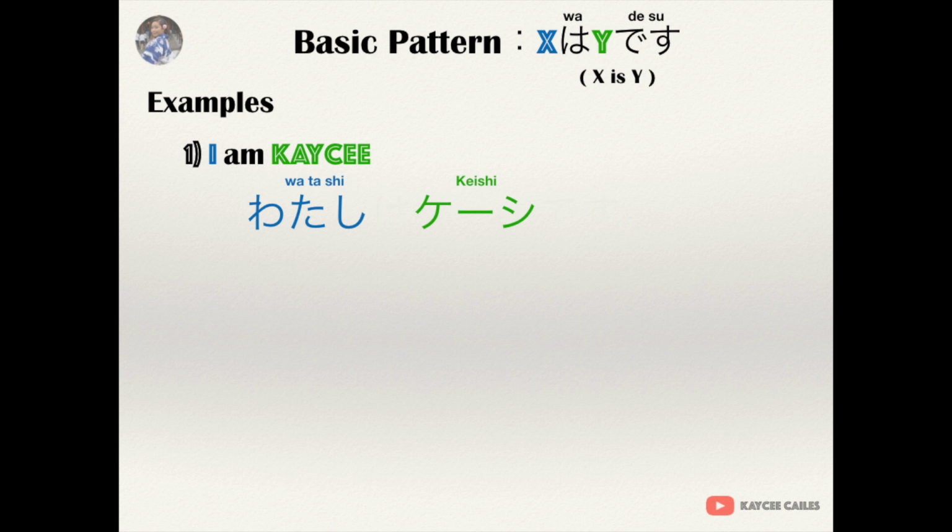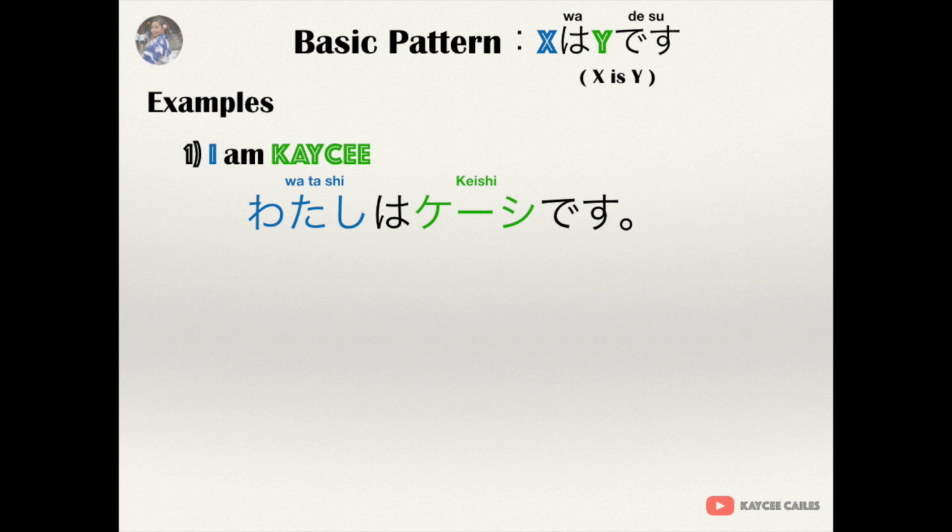As mentioned in the previous lesson, katakana is used for borrowed or loan words, such as this one. I will have a separate video on how to read and write in katakana. Anyways, let's move on and make this into a sentence. Watashi wa Keishi desu. I am Kaycee.